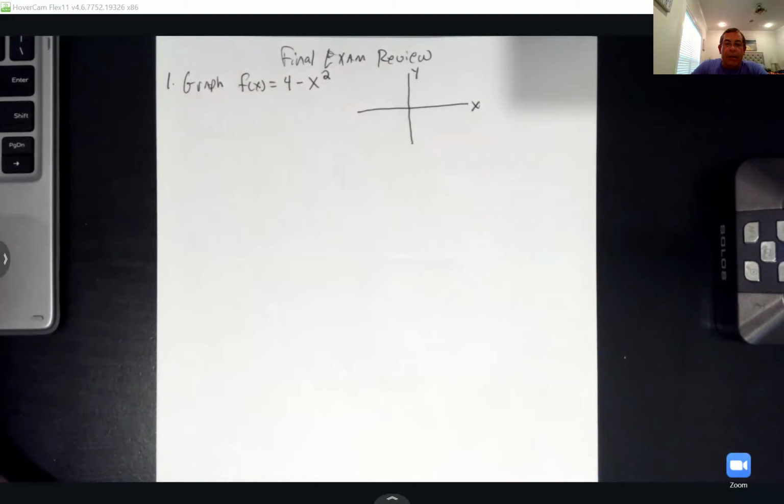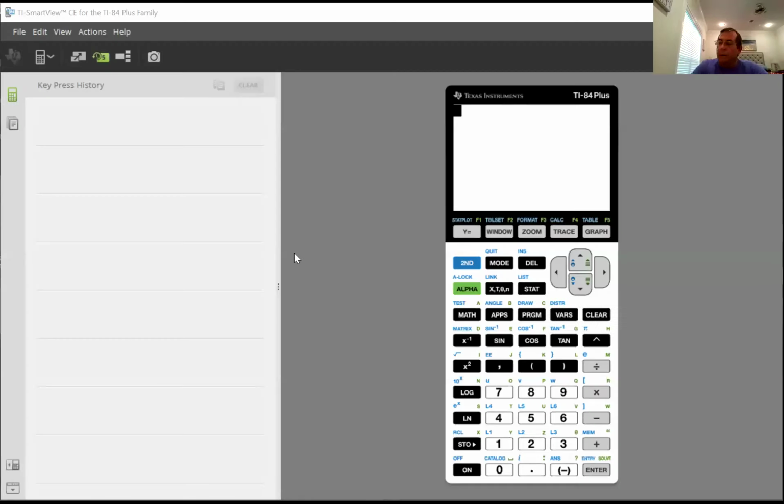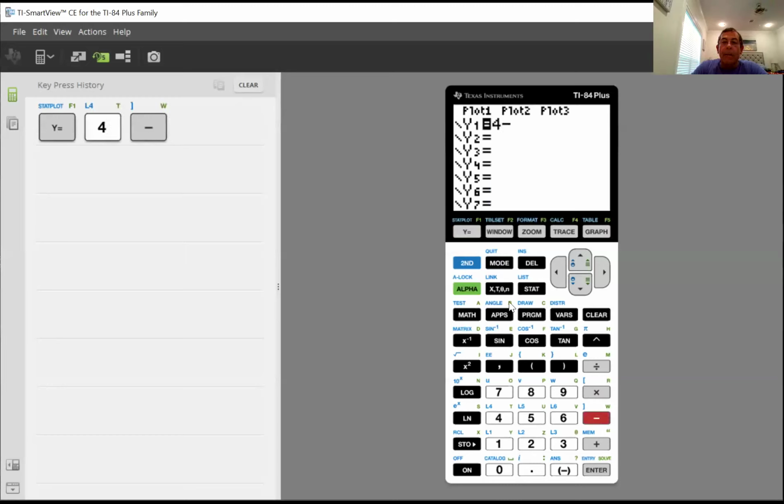So I'm going to go to the calculator. I'm going to go to y equals, and I had 4 minus x squared. All right, y'all, I'm just going to hit graph to get the shape of this.